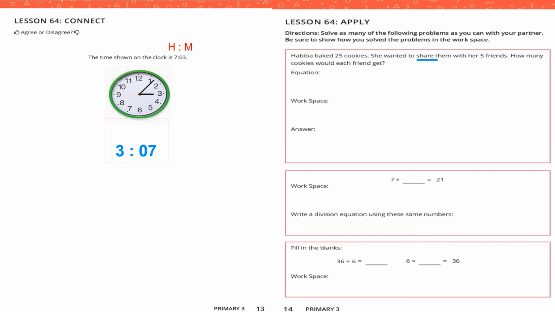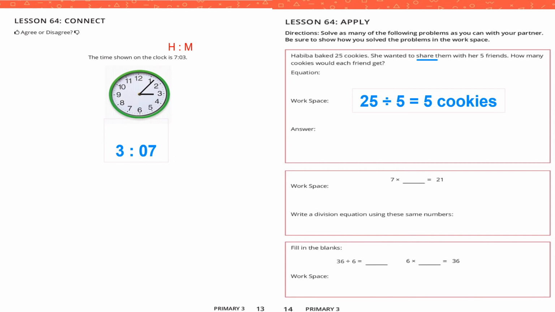How many cookies would each friend get? So which equation should I write here? Which operation? Will I multiply or divide? Sure, divide. So 25 divided by 5 equals, from table 5, 5. Yes, because 5 times 5 is 25. 5 what? 5 cookies, because he is telling me how many cookies, okay?